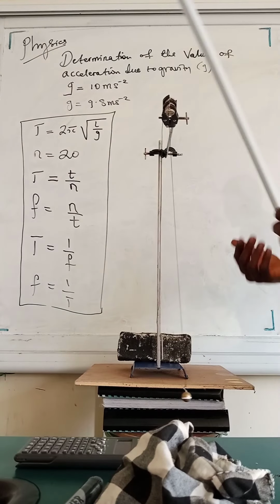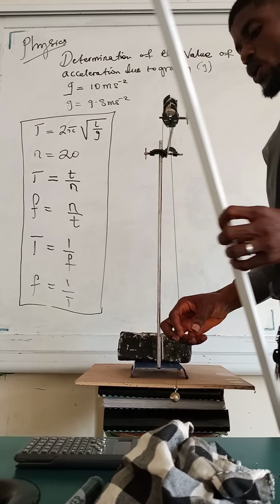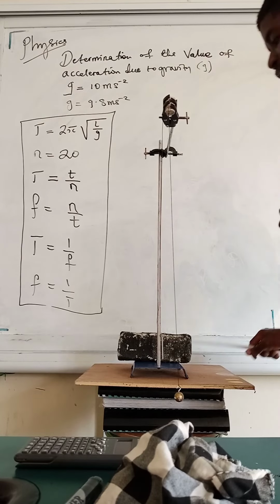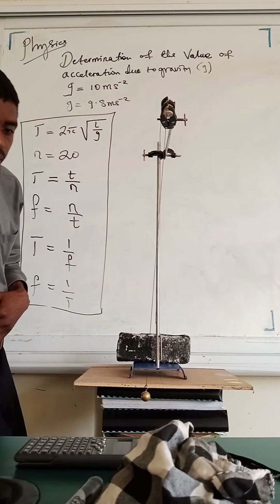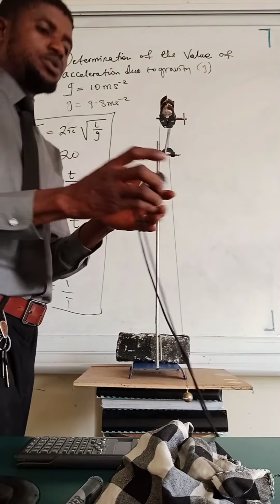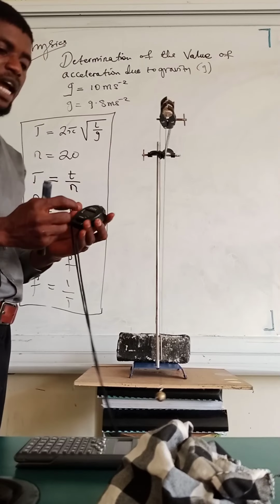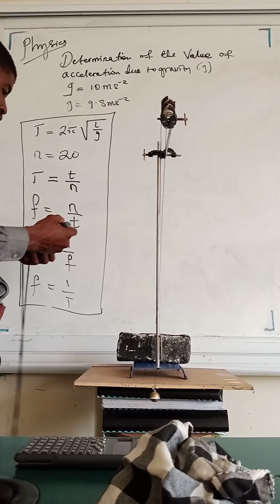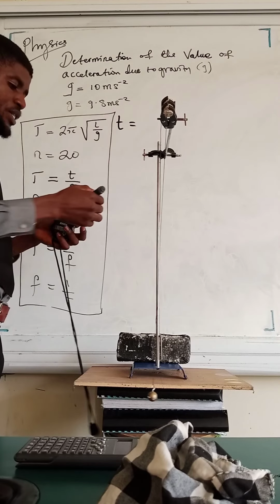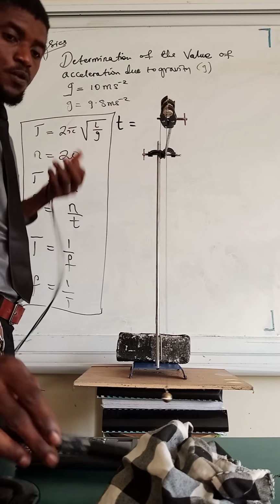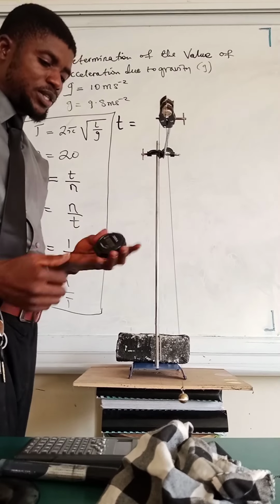So now that we are done measuring the length of the thread, we are going to oscillate this bulb for 20 complete oscillations. And we are going to time. The time in here is not the T. We are going to find t, small t, for 20 complete oscillations.